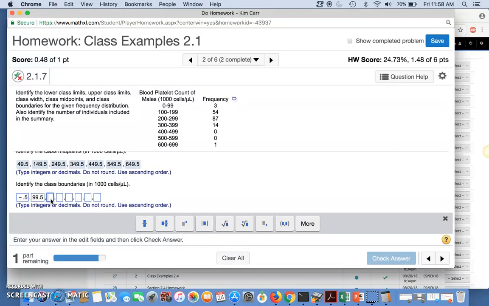When I add 100 again, I'm at 199.5. 100 again, 299.5. The next one, 399.5. The next one, 499.5. The next one, 599.5. The last one is 699.5. Notice that's just a little bit more than that, and this negative 0.5 is a little bit smaller than the 0.